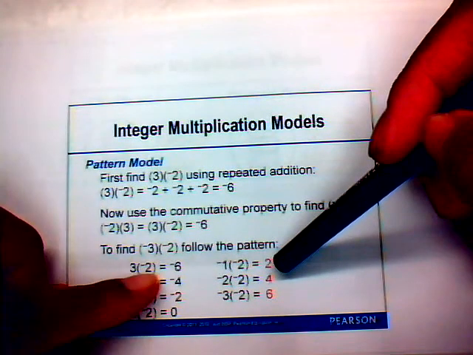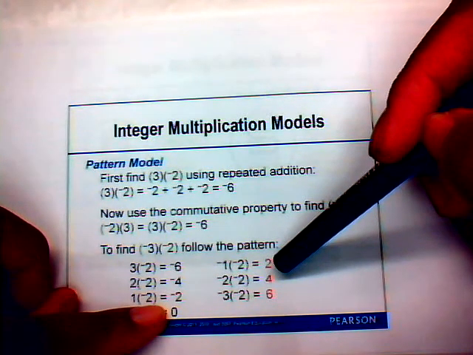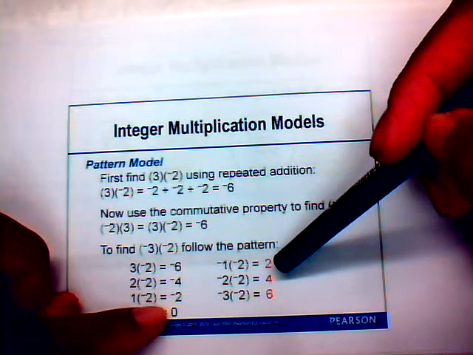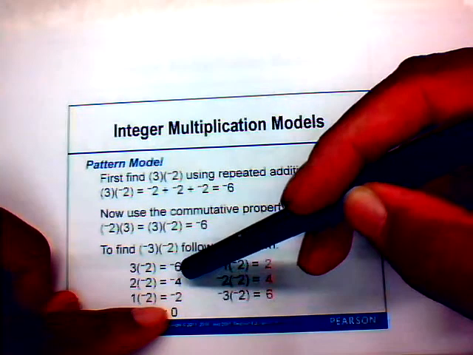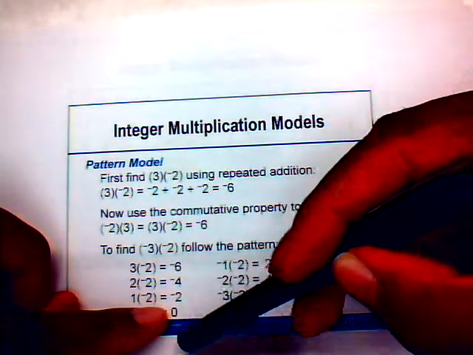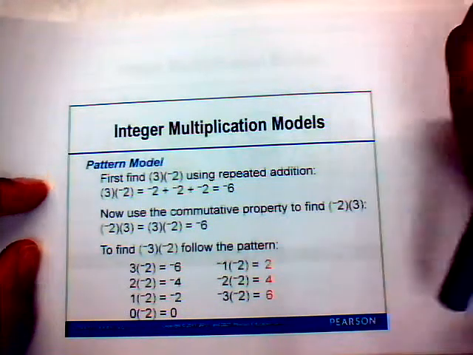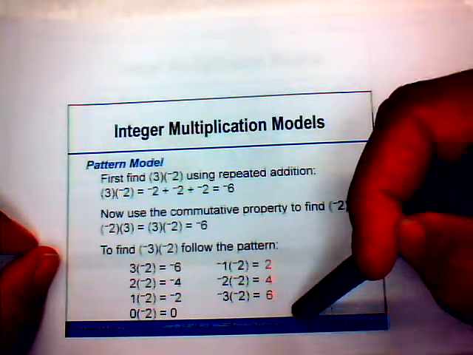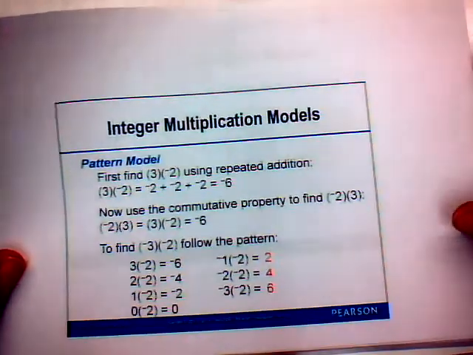So when this is decreasing, this is going to increase, because we're going down from negative 6, then negative 4, negative 2, 0, and then up to 2. So in other words, we're increasing by 2 each time. So that pattern is followed here. And then negative 2 times negative 2 will be 4, and then negative 3 times negative 2 will be 6.